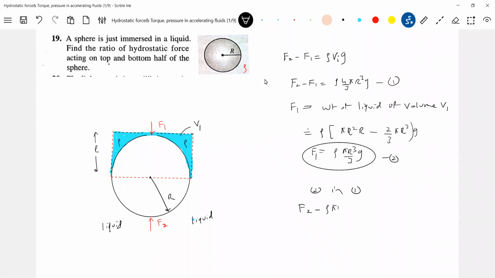F2 minus rho pi r cube g is equal to rho 4 by 3 pi r cube g. So this will become rho 5 by 3 pi r cube g. So we know F1, F2. Dividing these two, we'll get the ratio, 1 by 5.